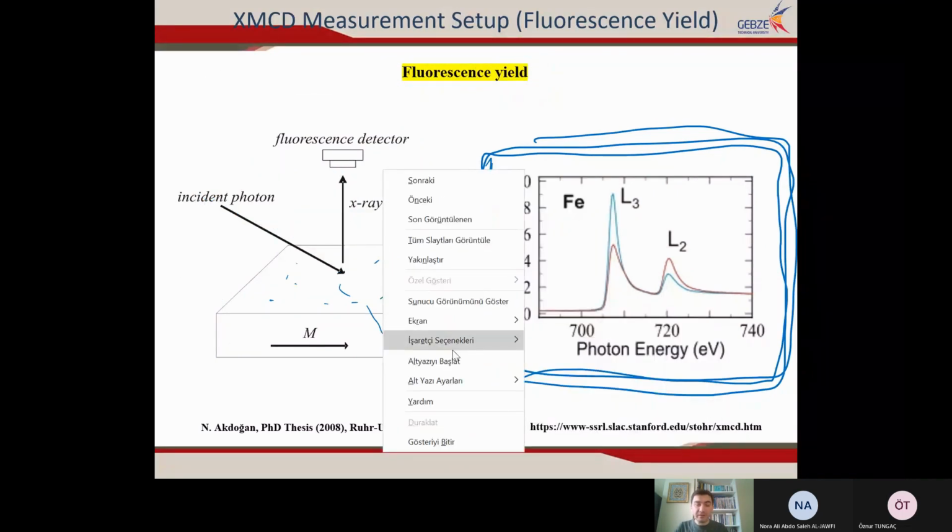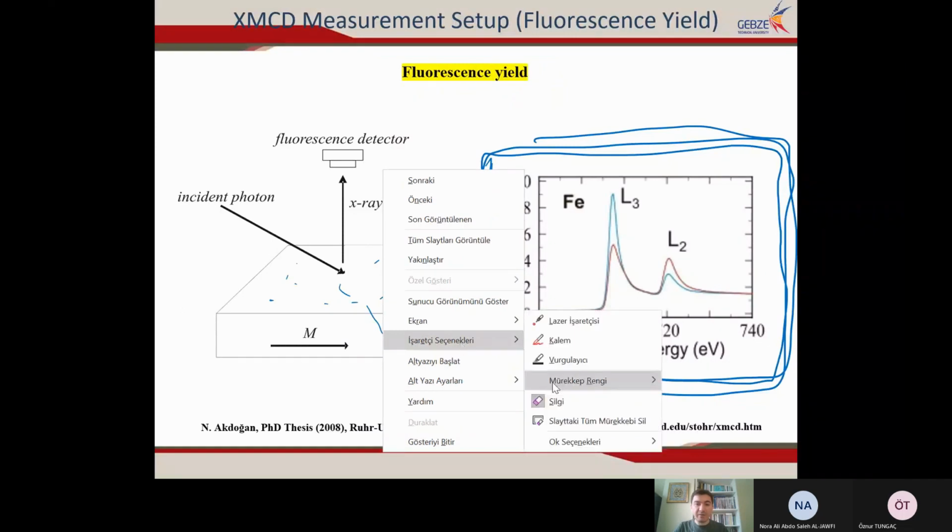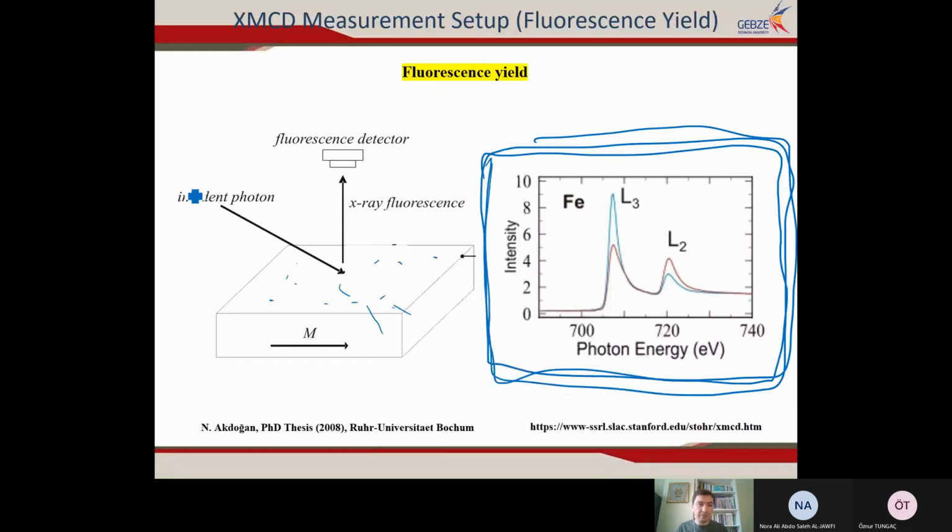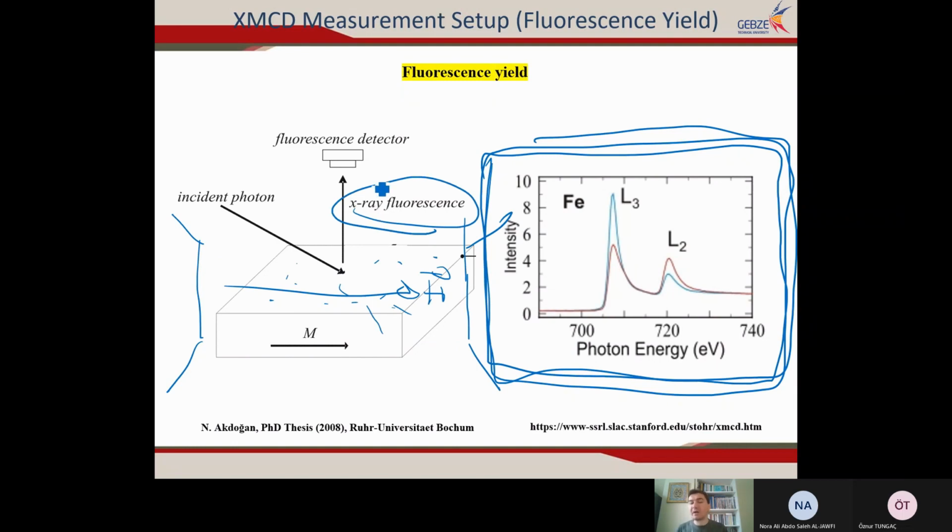Let's consider here you have a magnet source. Let's consider this is the magnet pole. This is another magnet pole, and you apply a magnetic field. So here we have fluorescence X-rays. X-rays are not affected by the magnetic field because X-rays are photons, and photons have no charge.